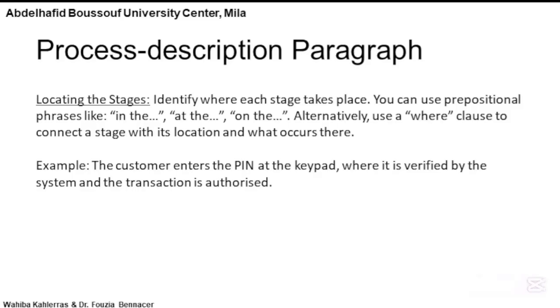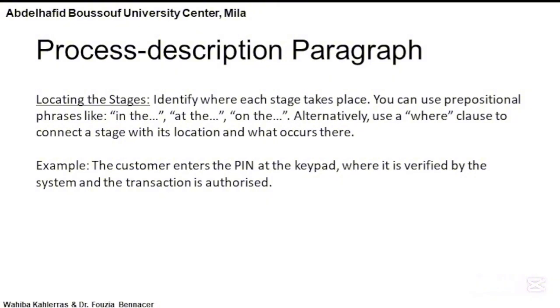You can also use where relative clauses to add context about the specific place. For example, the customer enters the PIN at the keypad where it is verified by the system and the transaction is authorized. Another example, the procedure begins in the clean room where all samples are kept sterile.